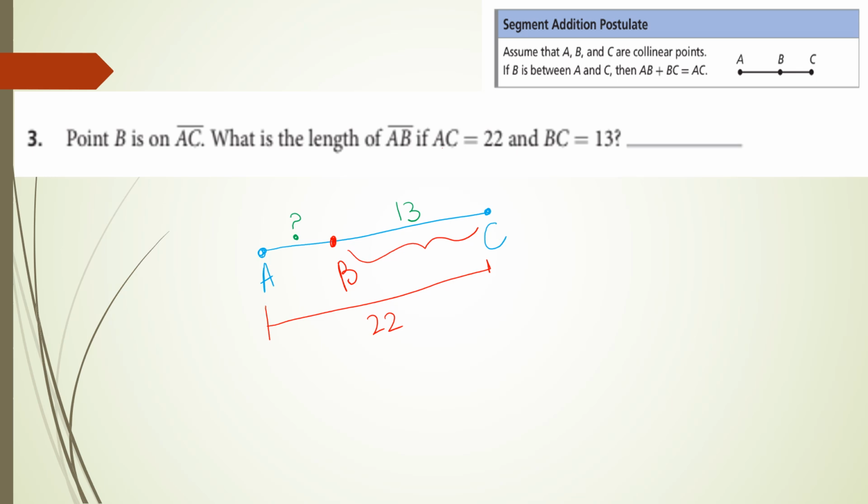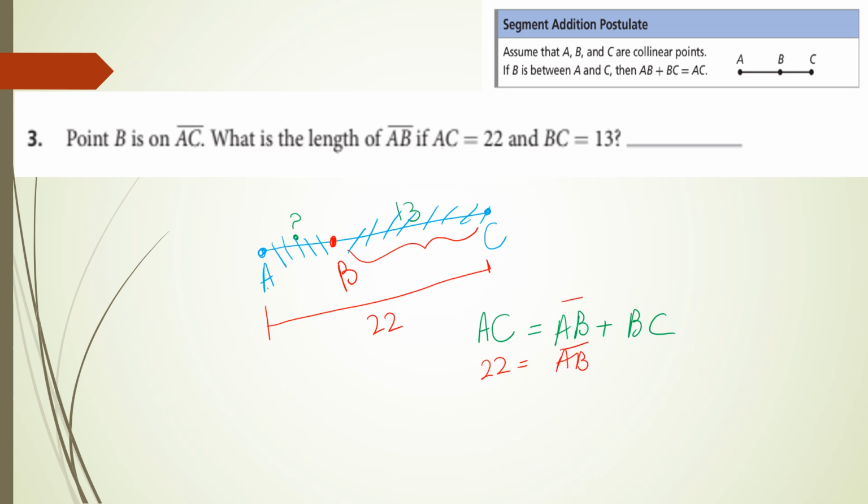Now let's write the postulate. Starting point and the ending point, which means that AC is equal to what? AC is equal to AB plus BC. Look at this very closely. This is AB and this is BC. If you add them, it will give you the measurement of AC. Now what is AC? They say that it is 22. You don't know about AB.